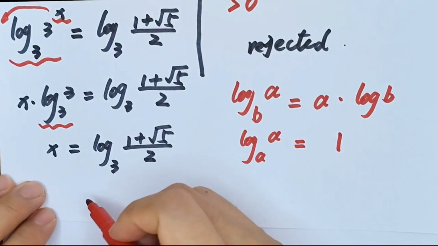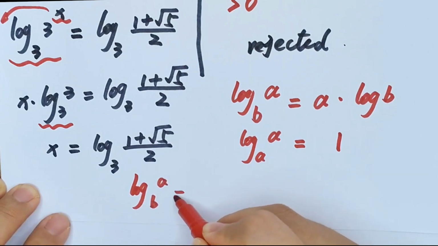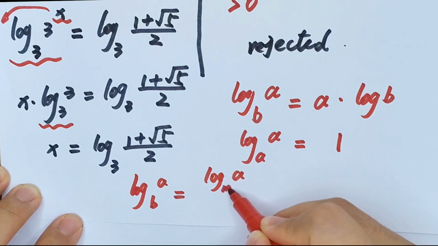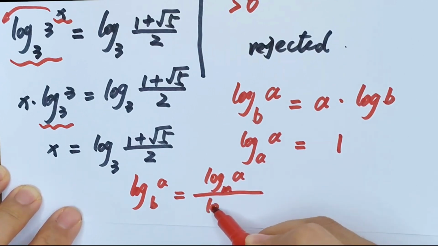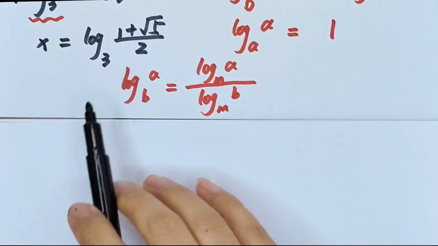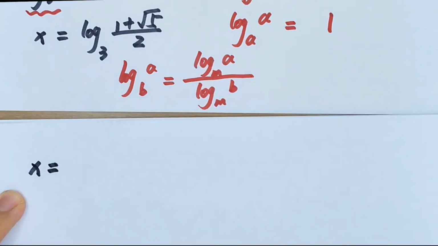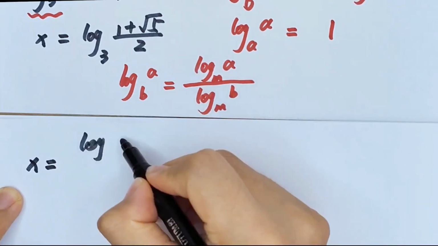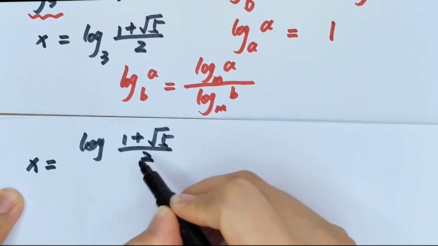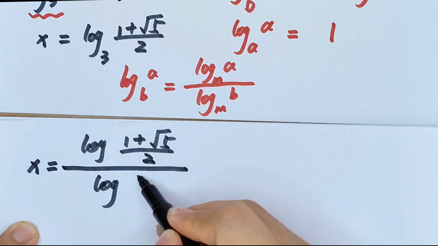Now we have another formula that log a base b equals log a base m divided by log b base m. So this will be x equals log of (1 plus square root of 5 divided by 2) divided by log 3.